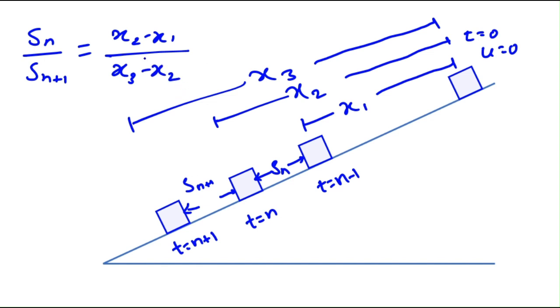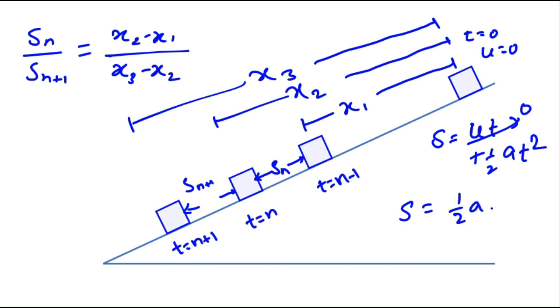Now the only thing we have to do here is to calculate these distances. So how can we proceed? As we know, S equals to ut plus half at square, where u is initial velocity, a is acceleration, and t is time. So here u is 0, so this term is not going to contribute. Finally, we have distance is half at square.